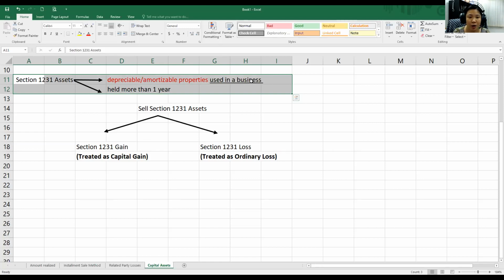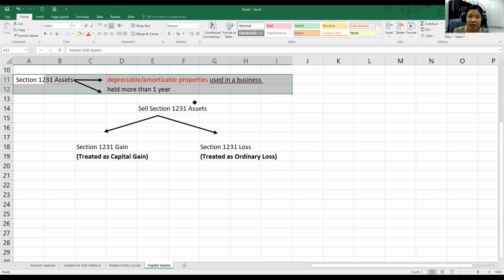And the company holds it for more than 1 year. Okay, two conditions. For example, if the company has equipment that is used in the business and holds that equipment for more than 1 year, that is called a section 1231 asset. Another example is land.